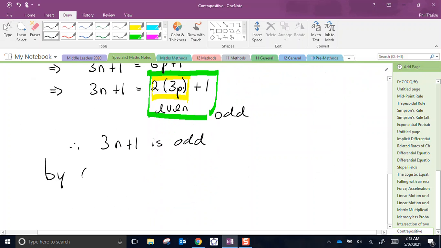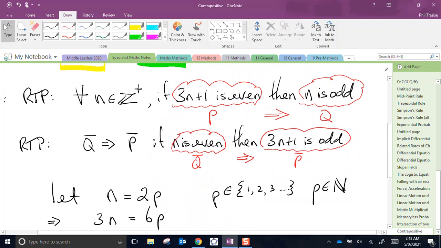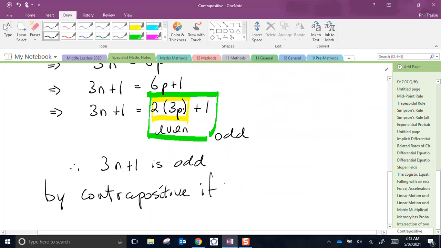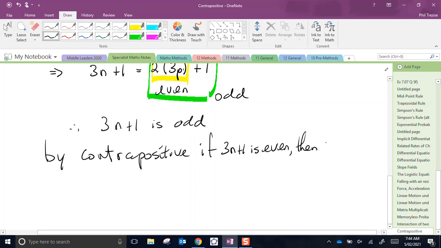So by contrapositive, my original statement said if 3n plus 1 is even, then n is odd. That's the end, so that's where we put the QED.